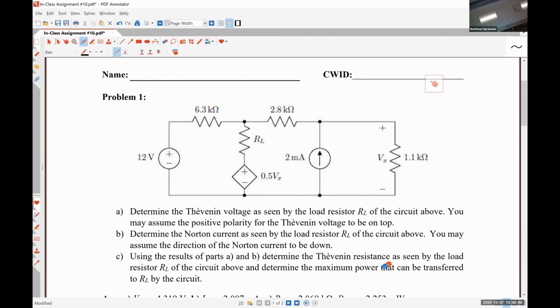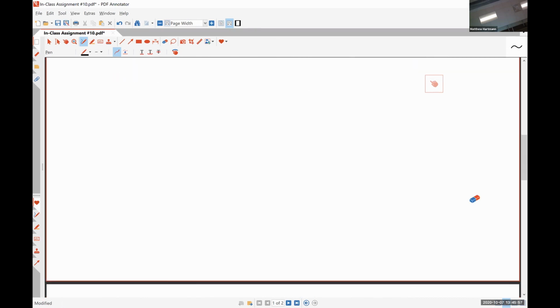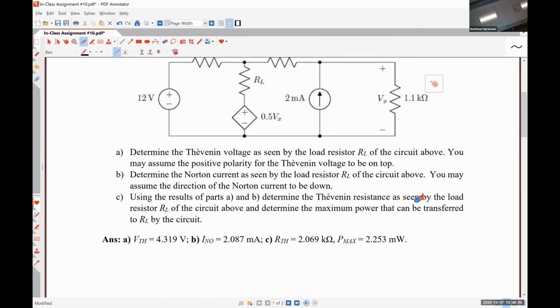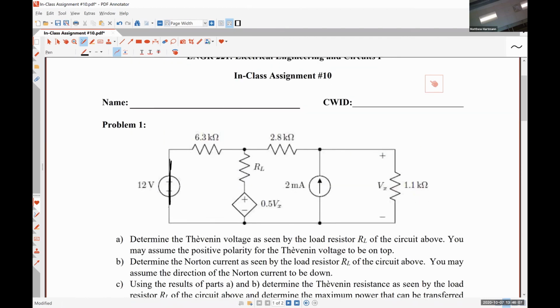That still holds true even with dependent voltage sources or dependent current sources in the mix. We always have to be looking at a dead network. For this one down here, there were no independent sources to turn off to begin with, so we were able to just jump right in. If we wanted to apply that approach to this one, we would have to short circuit the voltage source and open circuit our current source and then apply the test source method.